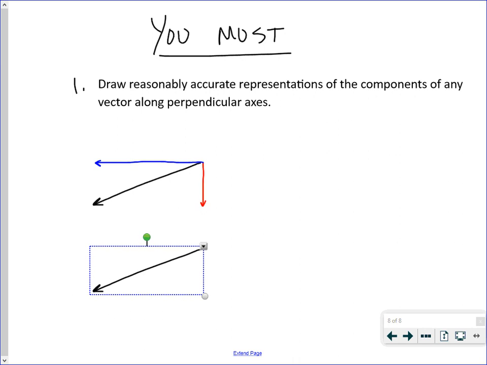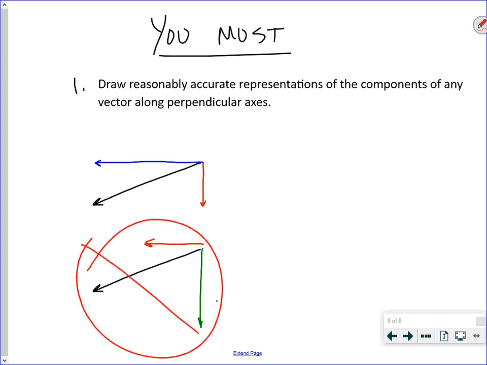These are not reasonably accurate. All right, that one points, it goes down about that far, and it goes to the left about that far. But it's completely not reasonably accurate. No good. Yay. So that's one thing you must be able to do.